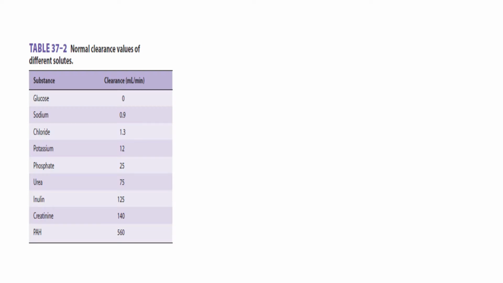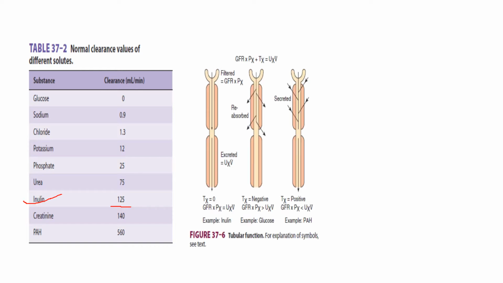Now from this table we can see the normal clearance values of different solutes. If the clearance of a substance is equal to GFR, as we can see with inulin, whose clearance is exactly the same as the GFR, then the substance is neither reabsorbed nor secreted by the tubule.